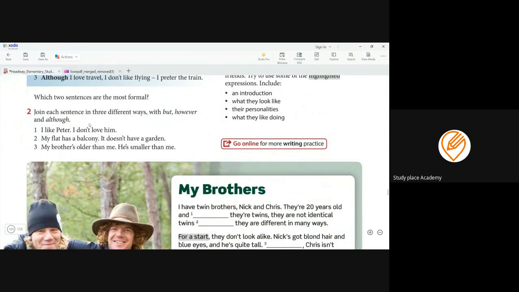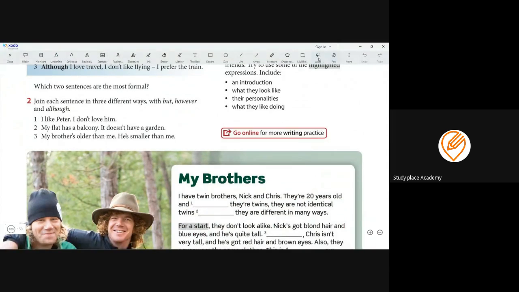For the first one, I will write just one, because we did it already. And if you just listen to our previous lesson, you will know that that's so easy. I like Peter.